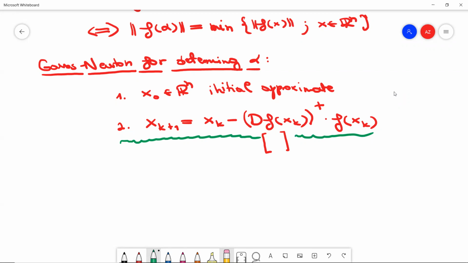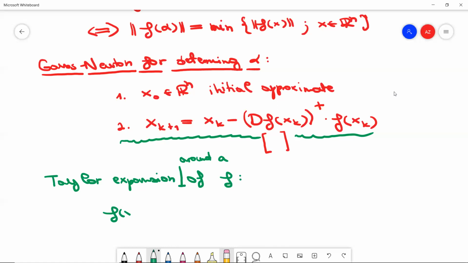So the idea behind is the following. The Taylor expansion of this vector valued function f around the point a is the following.